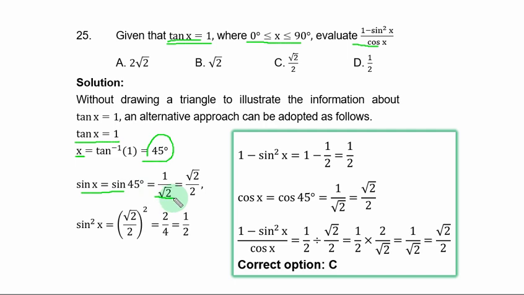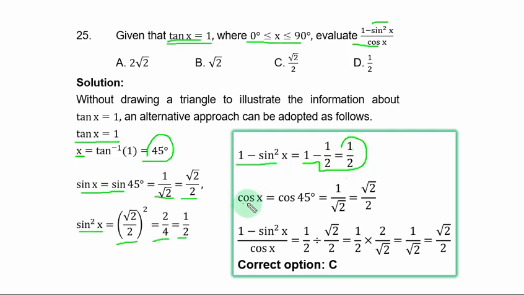If you rationalize this, you have this result. Then square it, because you have a square in that part of it. So if you square this term, you simply have 2 over 4, and that is 1 over 2. Now let's get 1 minus sine squared s. That is 1 minus 1 over 2. It is equal to 1 over 2.